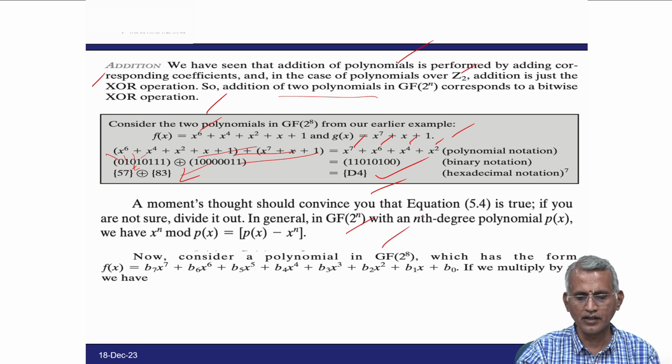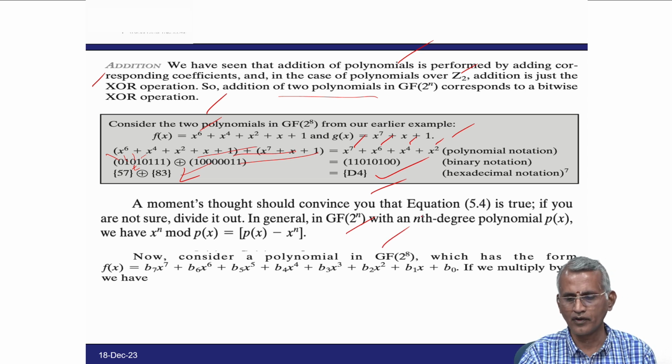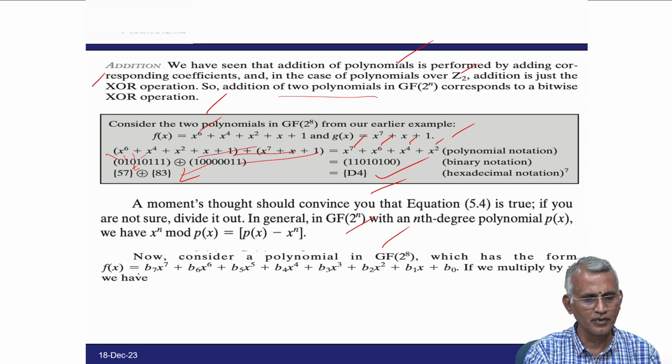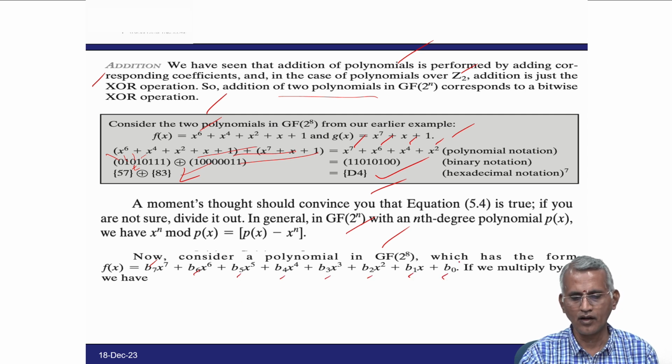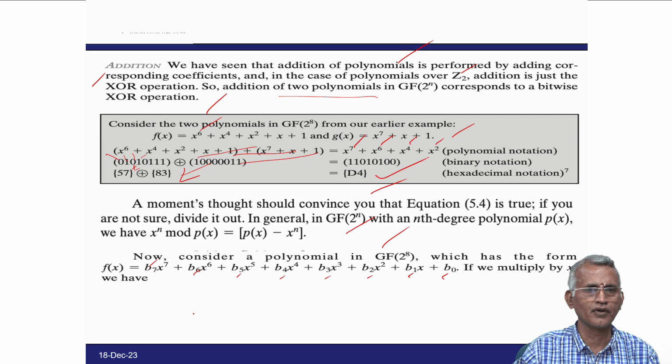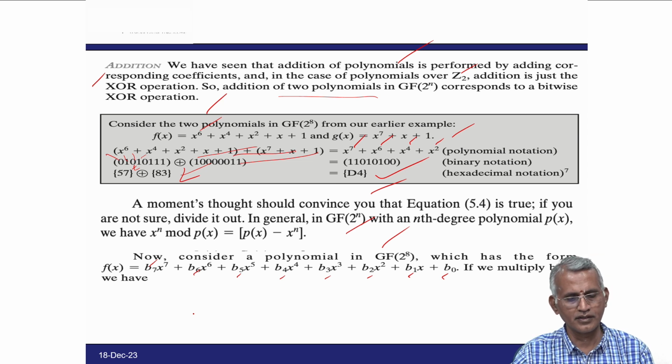Now, consider the polynomial of GF of 2 power 8, which has the form f of x equal to, because 2 power 8, it starts from 7, 6, 5, 4, 3, 2, 1, corresponding to x power 7, x power 6, 5, 4, 3, 2, 1, 0.